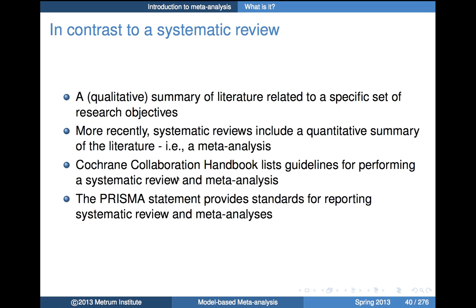And then in addition, there was a collective statement called the PRISMA statement that provides standards for reporting of systematic reviews and meta-analyses. I think later in the course we'll come back to the PRISMA statement and touch on some of the concepts about what's important to report when you're publishing a meta-analysis, or when you're presenting them to perhaps a group internal to your company, some of the things that you need to be considering.